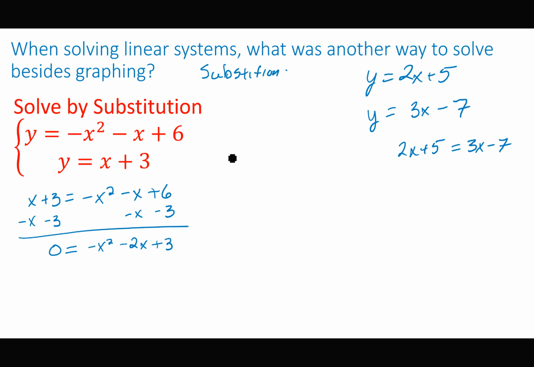And so quadratic formula says I'm going to have x equaling, I have it written up there on the board again, negative b, so the opposite of b, so this one would be now a positive 2, plus or minus the square root of negative 2 squared minus 4 times my a value, which is negative 1. My c value is 3, all divided by 2 times negative 1.